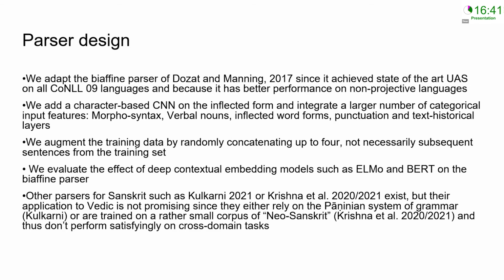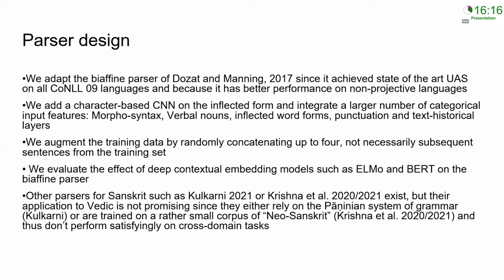Coming to the parser design, we adapt the Biaffine parser of Dozat and Manning, since it achieved state-of-the-art UAS on all CoNLL 09 languages and has better performance on non-projective languages. On top of this model, we add a character-based CNN from the DCST model, which is another parser.